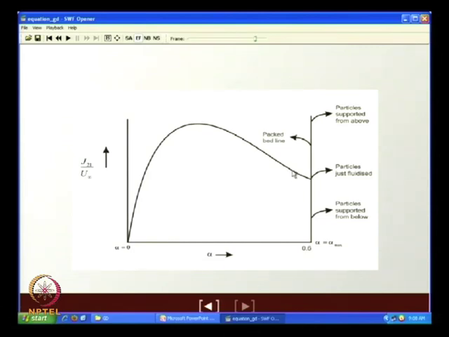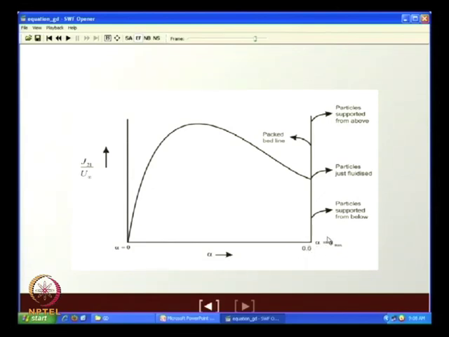If it is a flocculating solid, then the alpha maximum can be as low as 0.1. If it is totally non-flocculating, it can go to higher values. Usually for rigid incompressible particles, alpha max varies between 0.58 to 0.62. In this particular case, we have assumed alpha to be 0.6.